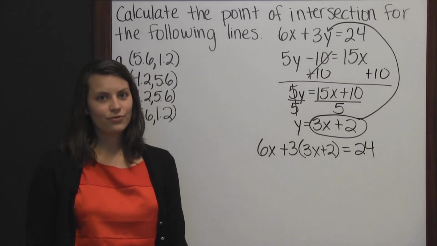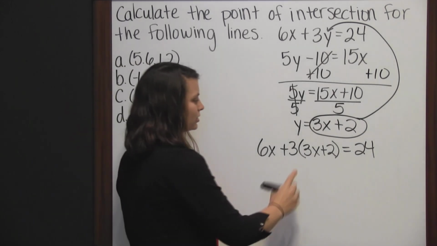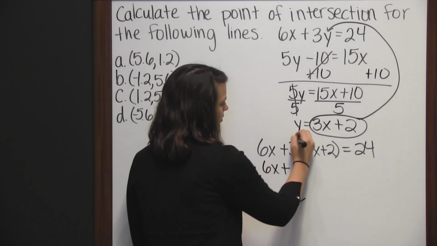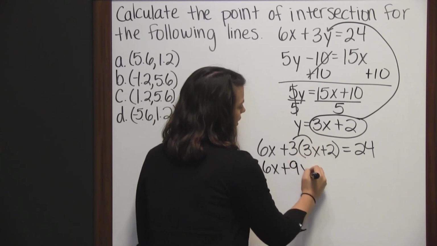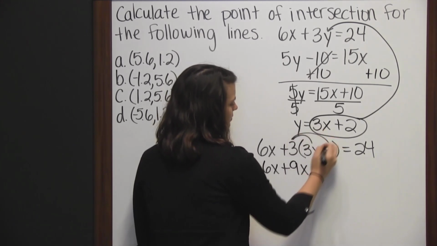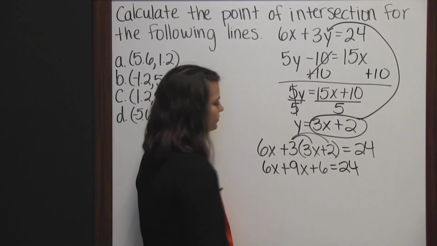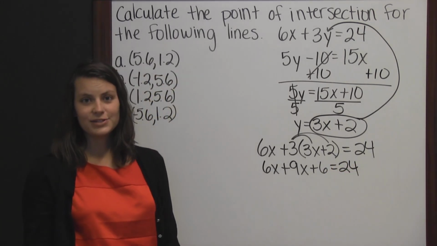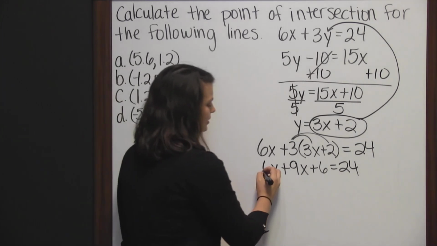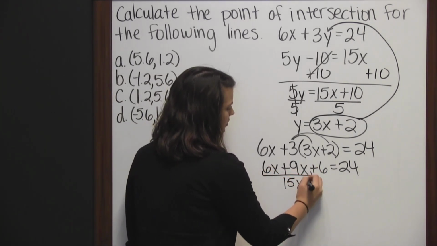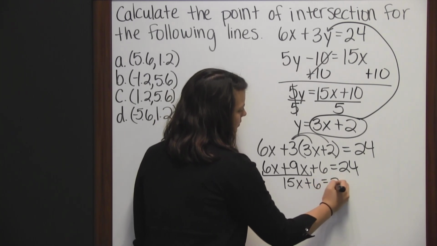And now we need to solve for x by first distributing. So 6x plus 3 times 3x is 9x. 3 times 2 is 6, so plus 6 equals 24. Next, we need to combine like terms. 6x plus 9x is 15x. Plus 6 equals 24.